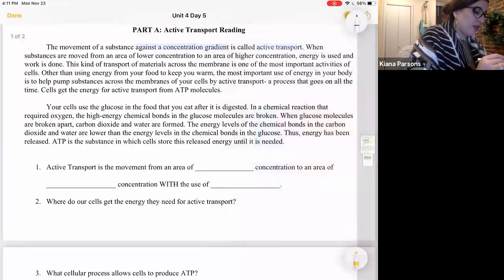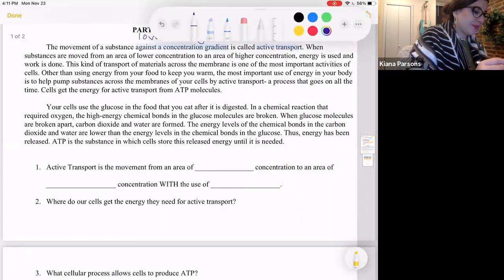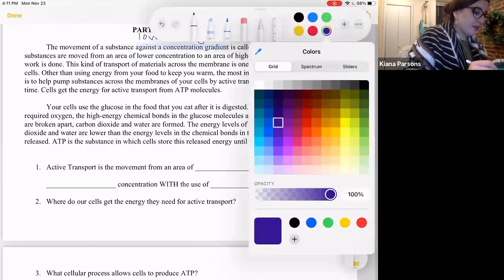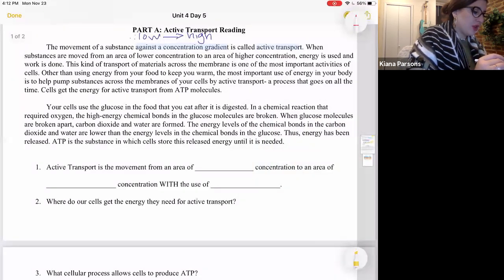It means from low to high. So going from an area with just a few molecules to an area with a greater number of molecules.